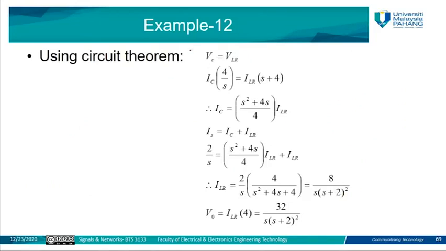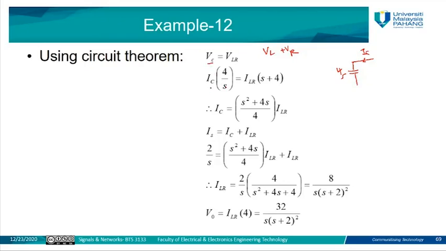As you can see here, VC is equal to VLR, because VLR represents the voltage across the inductor plus the voltage across the resistor, or the V out here. We call it the V out. So if you substitute for the value of VC, when you have the current and you have the impedance, which is 4 over S, and the current we call IC, then IC times 4 over S will give you the value of the capacitor.